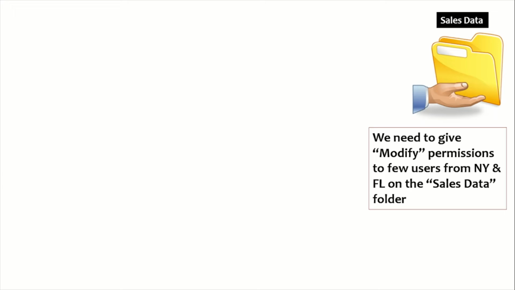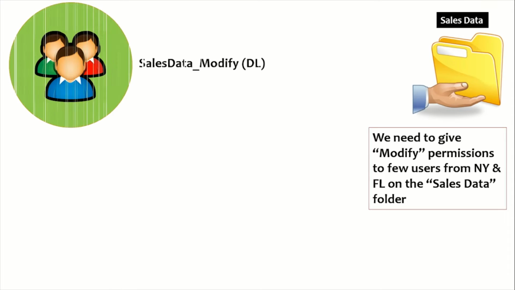We have a shared folder named sales data, and we need to give modify permissions to a few users from our New York office and from our Florida office on the sales data folder. So we'll use group nesting over here to grant the permissions. First we'll create a security group with domain local scope, sales data underscore modify.